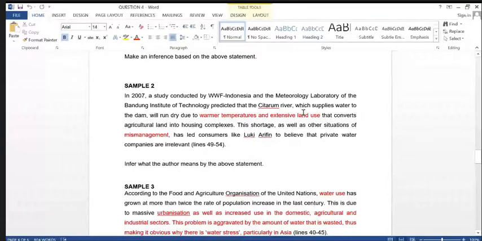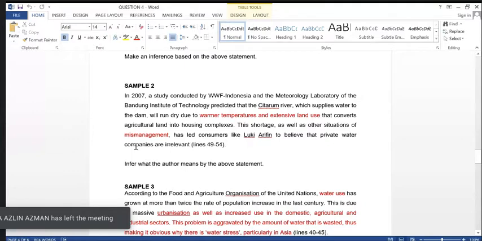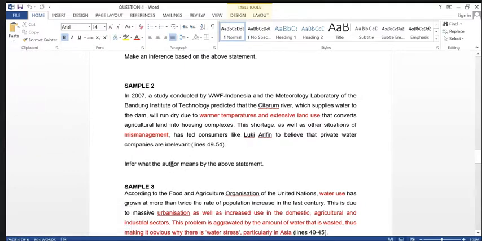They mentioned 2, and then there's another. This shortage, as well as other situations of mismanagement, has led consumers like Luki Arifin to believe that private water companies are irrelevant. Irrelevant here means not important, not needed. Okay, now let's look at what this text is talking about.